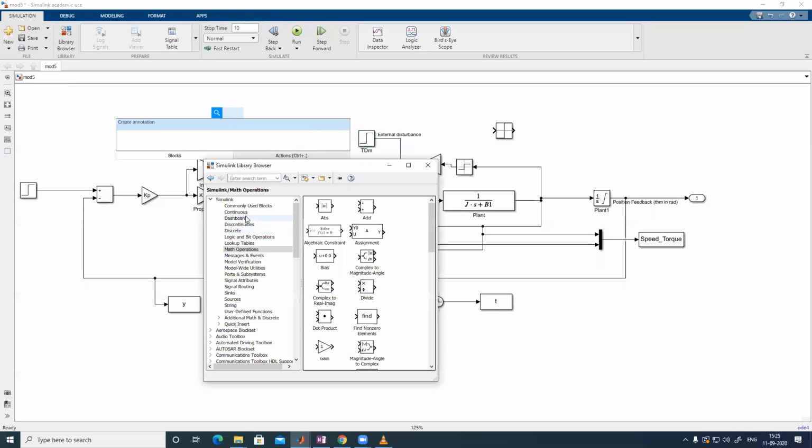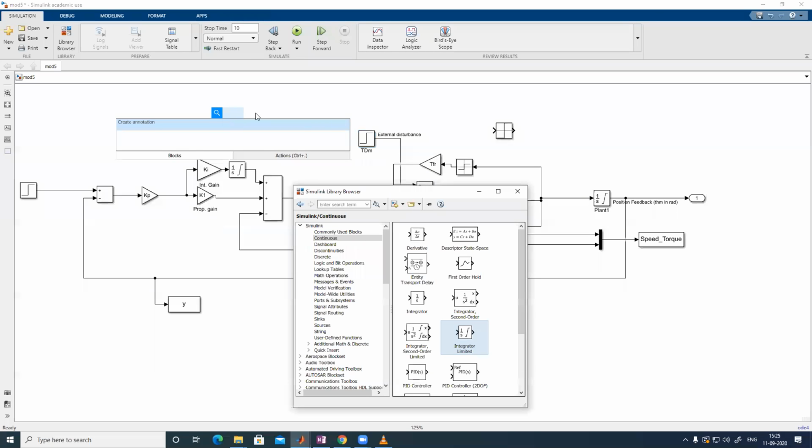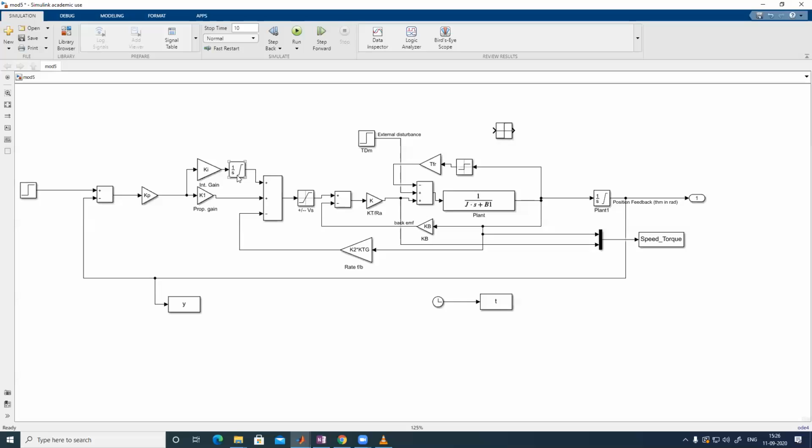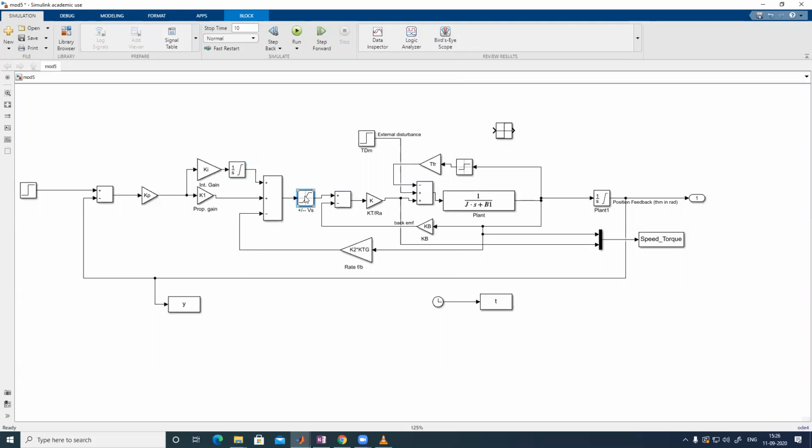The integrator limit value here is for the PI controller, plus or minus 13, and the VS supply voltage limit is just a saturation.